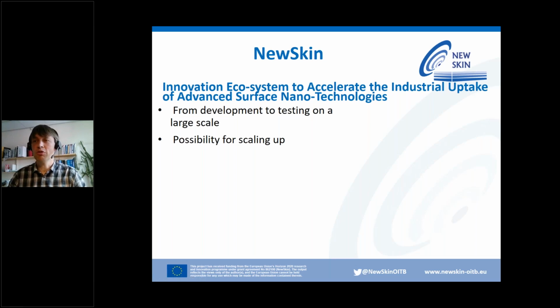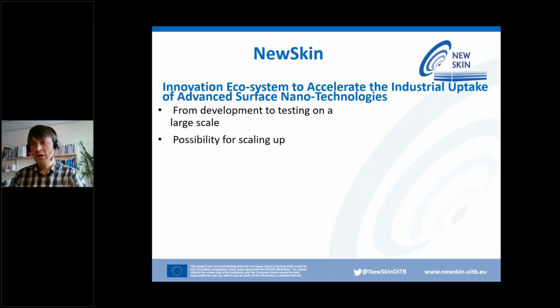But the most important is that such techniques and materials are really important for a large number of applications. So what we are aiming for in the NewSkin context is really to cover the whole chain from development of a new surface to its application on a large area.